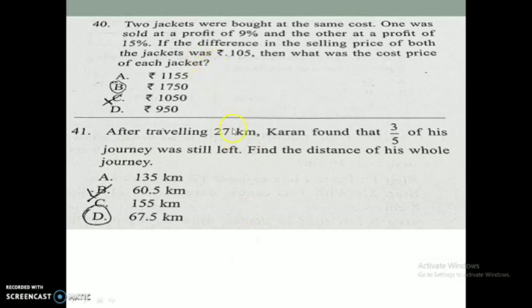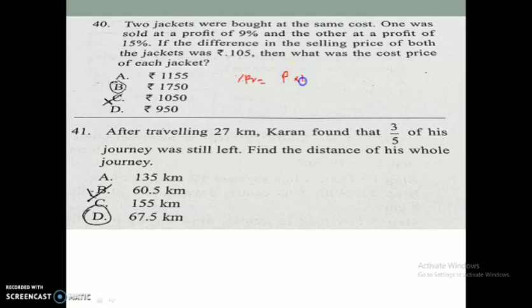Question number 40. Two jackets were bought at the same cost. One was sold at a profit of 9%. So you are given the two profits, 9% and 15%. You need to calculate the profit. The profit is calculated as the selling price minus the cost price. And again, you are given the percentage profit.